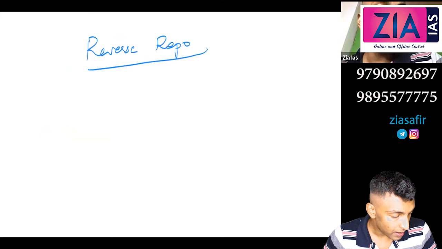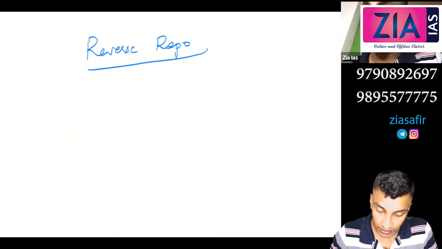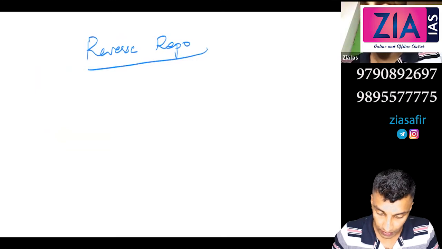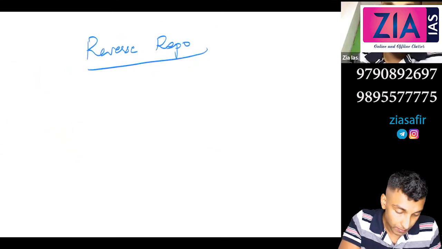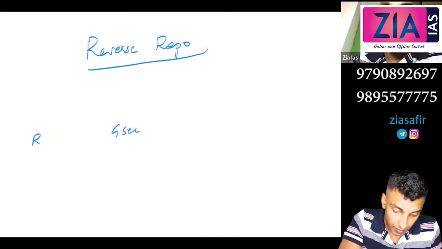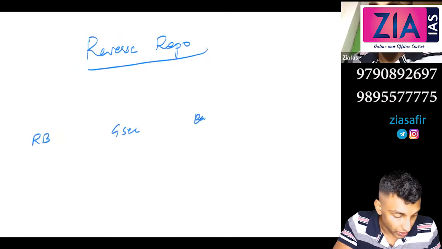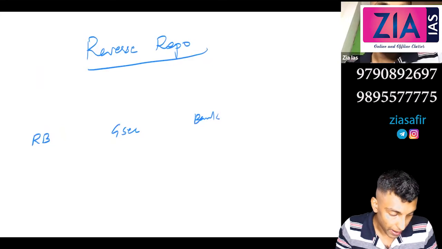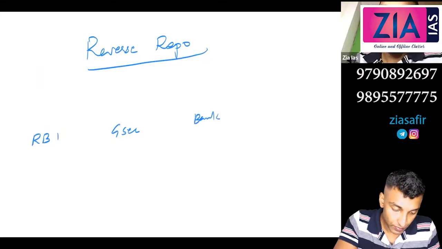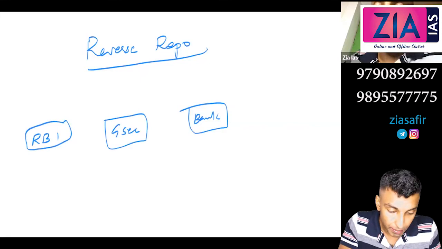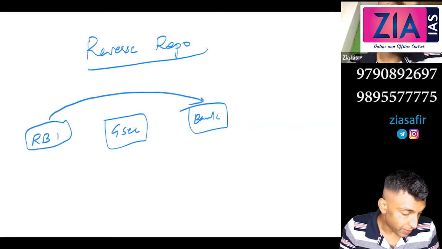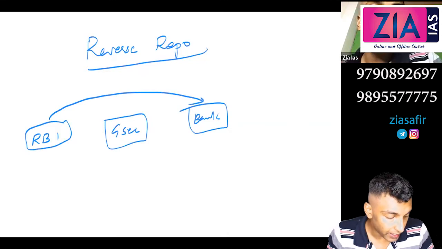Under reverse repo, the central bank or RBI sells short-term government security to banks with an agreement to purchase them back at a predetermined rate and date.